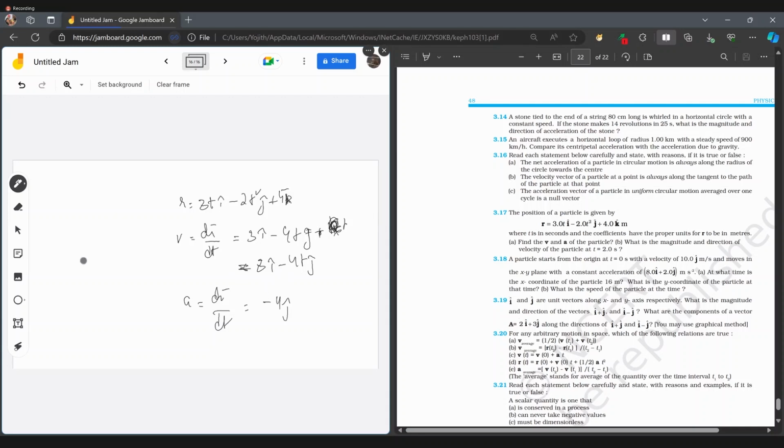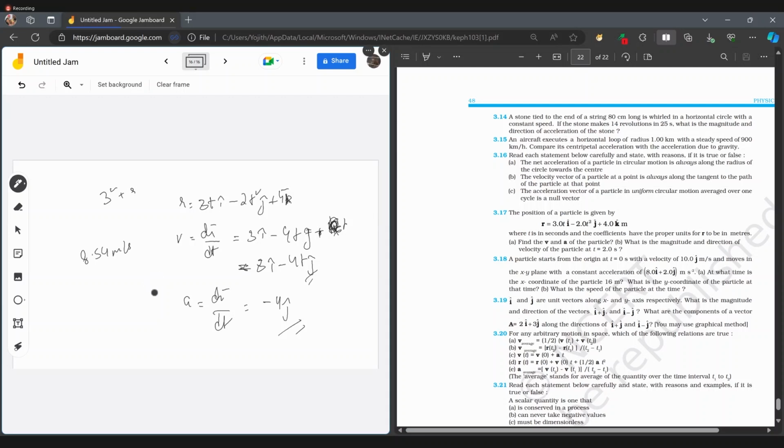We'll be getting 8.54 meters per second when you do the square root of 3 square plus 8 square. And for the direction, we'll be getting tan inverse of minus 8 by 3 is the direction.